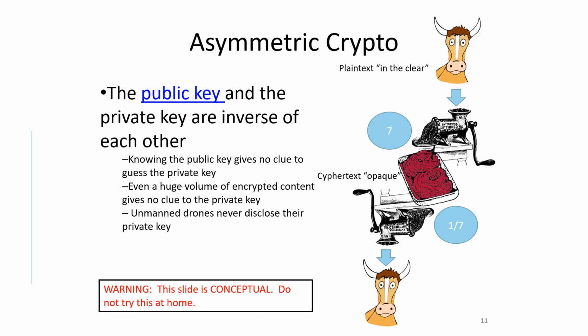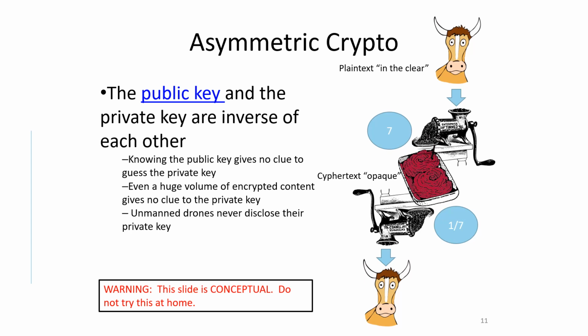I'm going to think of that as being 7. You can't use that key to decrypt it. You have to use its inverse. So there's another number that in this modulus is the inverse of that number 7. It will undo the effect of multiplying something by 7.